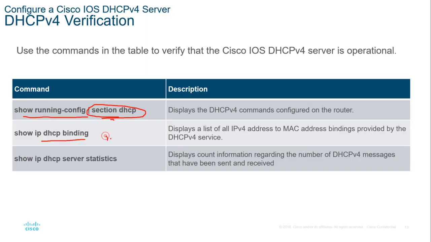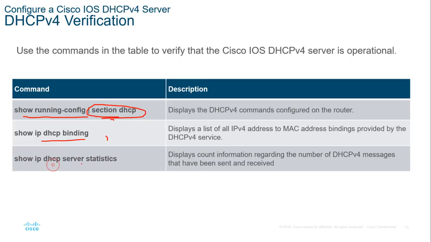You can see the IP addresses that are issued out, that are leased, and even the computer. With show ip dhcp binding, it lists the IP addresses that have been issued out together with the MAC address that is mapped to that very IP address.